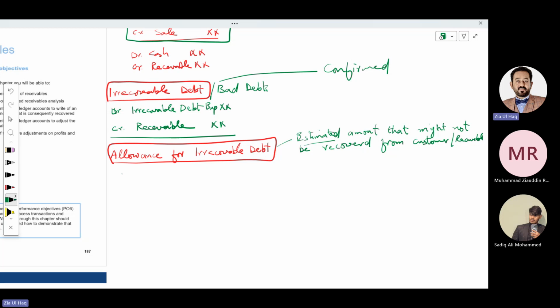How? Debit irrecoverable debt. But credit, we will not credit the receivables because this is not confirmed. So we are not eliminating receivables.